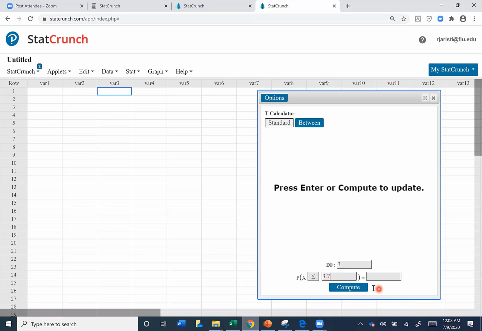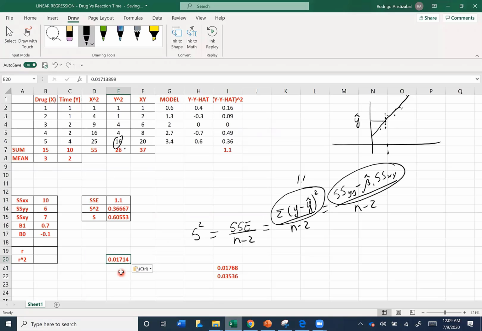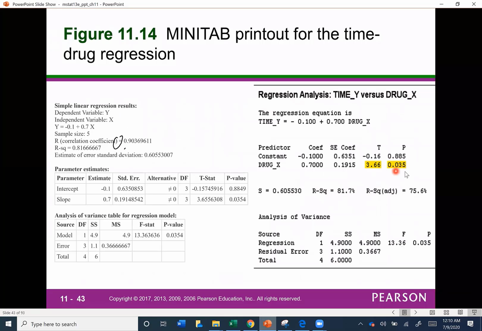Let's round it to 3.7, and let's compute the extreme area, because that is the p-value: the probability to get this evidence or one more extreme. Because it's a two-tailed test, we need to multiply this area by 2. If we multiply this value times 2, we will obtain 0.34. It's close to 0.35. I did it before, and that is the value that we have here, 0.035.